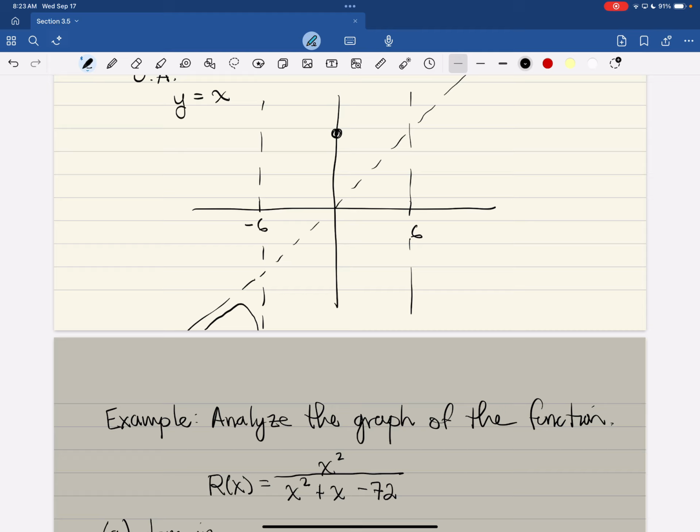So, well, maybe I'll draw it farther down, but it's going to go up along that one, I think. Let's double check. So as you go to the right from 0, you have positive numbers that are, as you approach 6, the denominator is going to get close to 0, but be negative. The numerator will be negative. So we'll be going up along that. The other direction, the same thing.